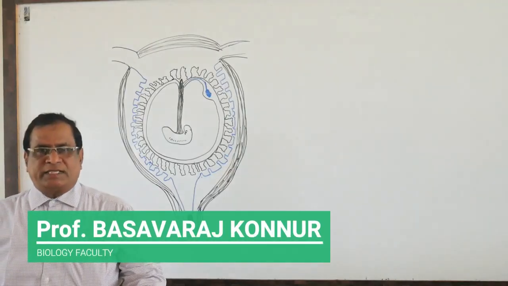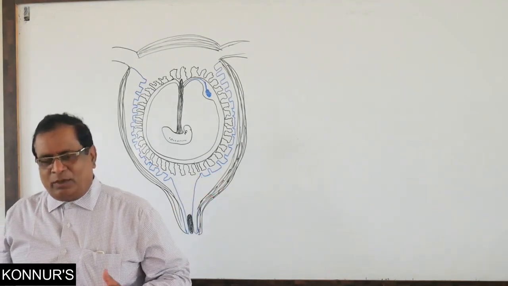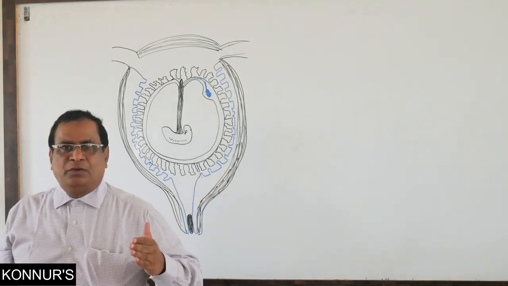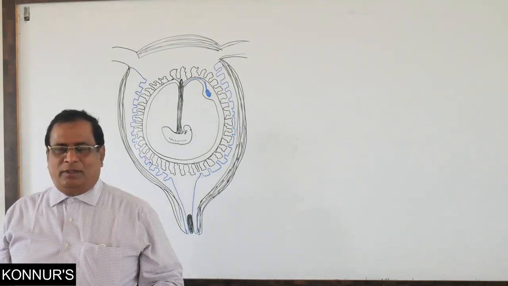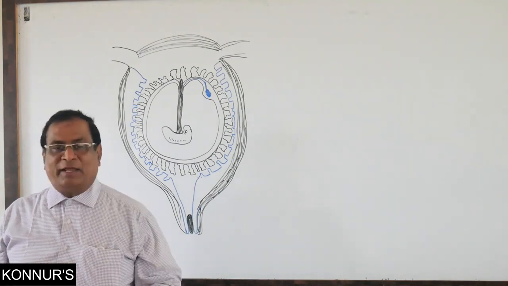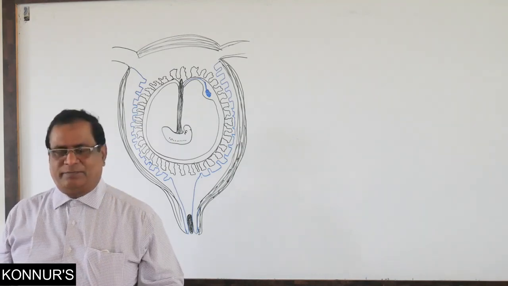Already we have discussed the developmental stages like cleavage, morula and the blastocyst. When the embryo comes to the uterus, it is in the blastocyst stage.